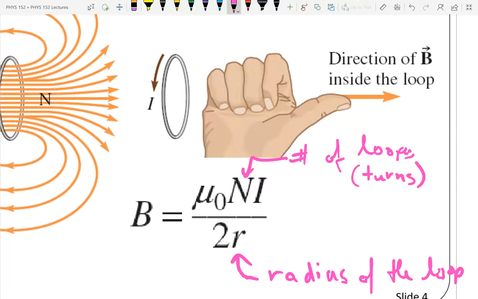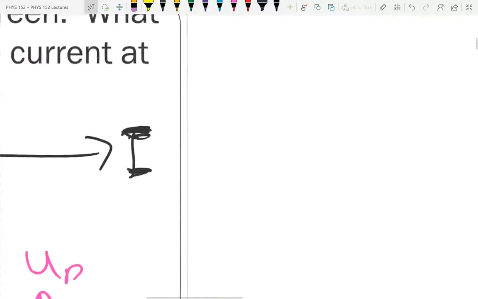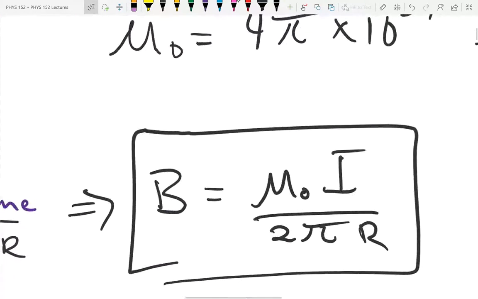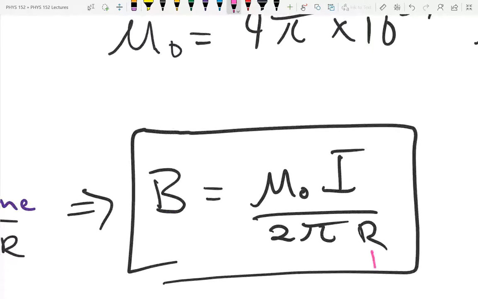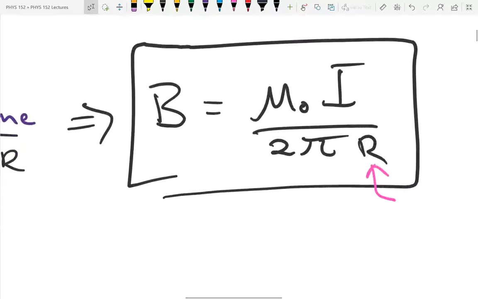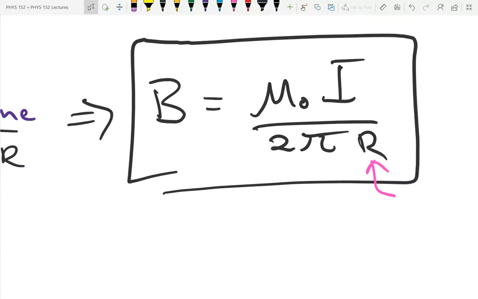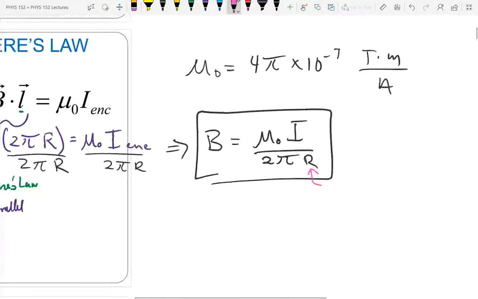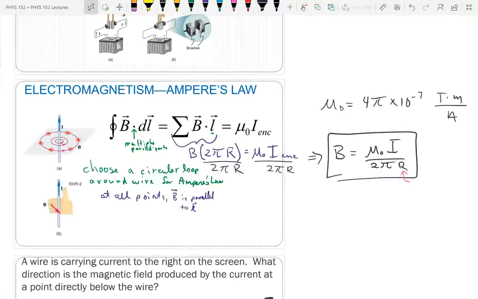Now, if we compare this equation to the one I found above, what was the R here? This was for a single wire. There was no radius per se, except for my imaginary circle.